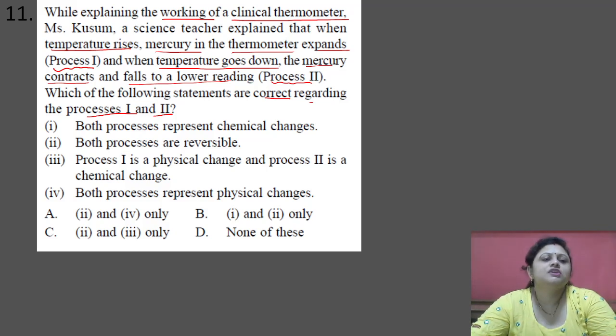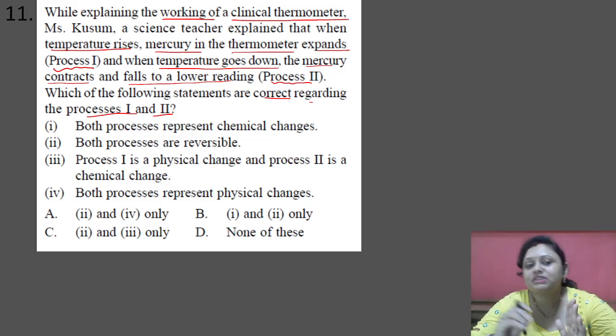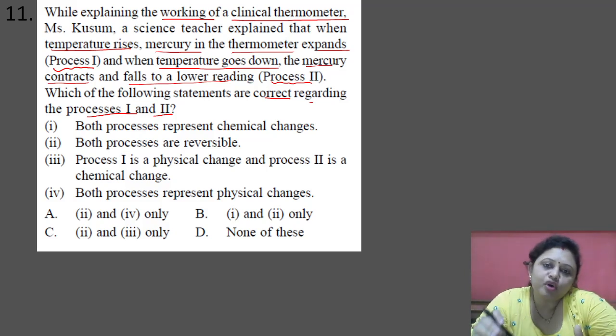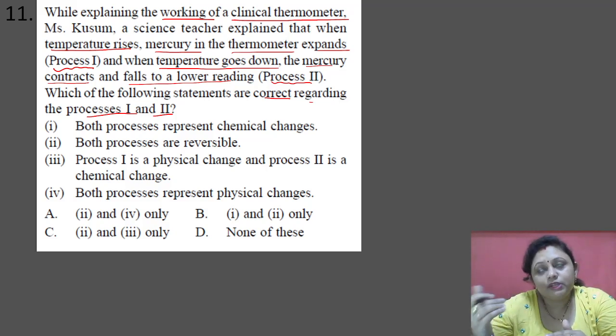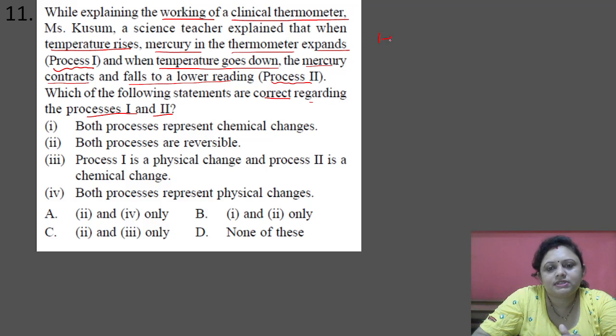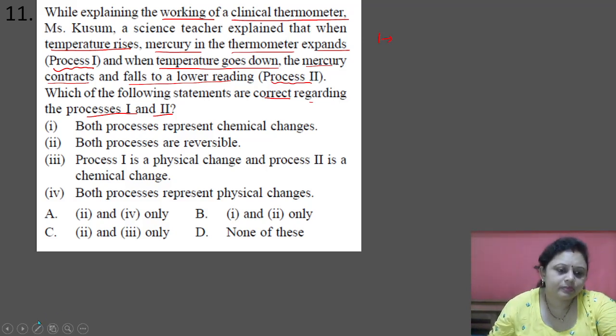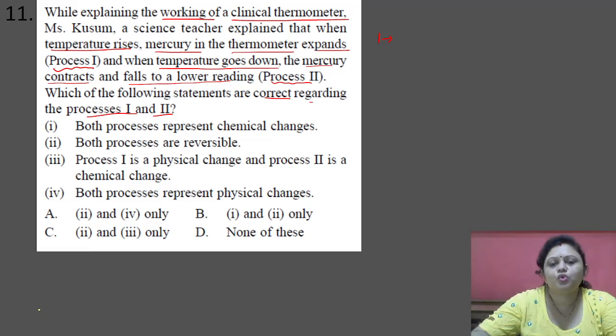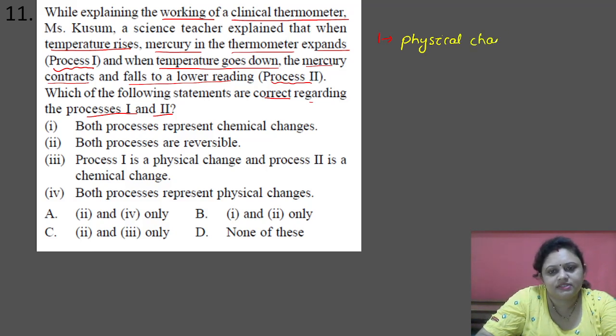So the first process: when temperature rises, mercury expands. There is no formation of any new substance during this process. So process 1 is a physical change.